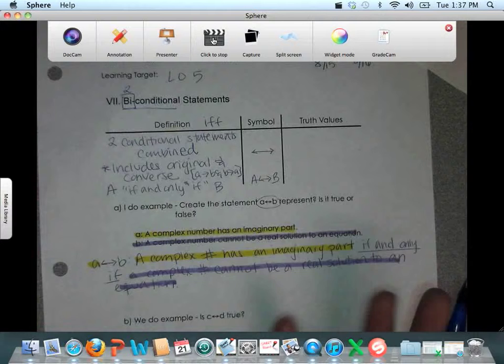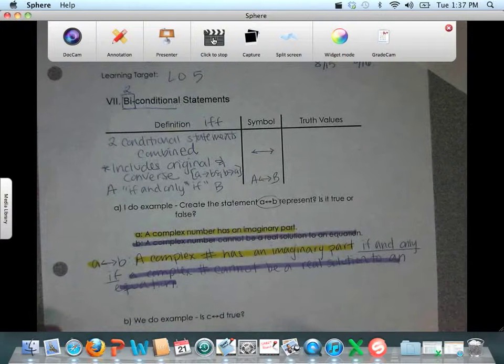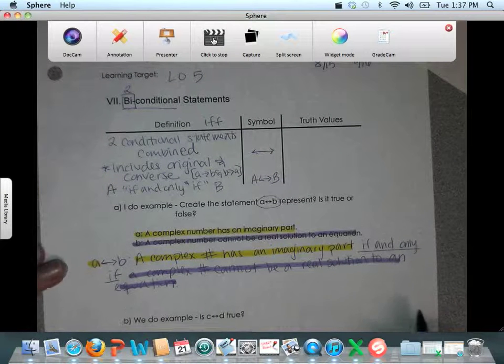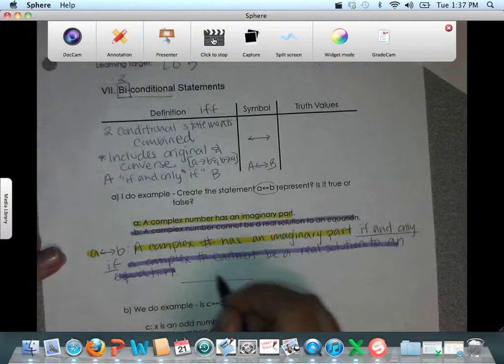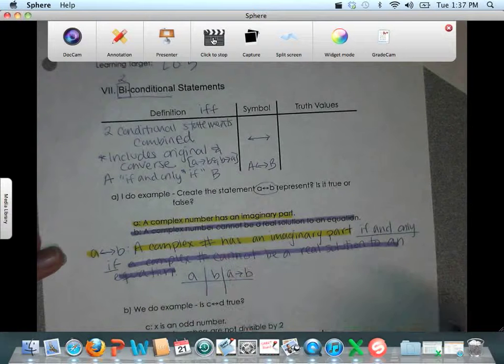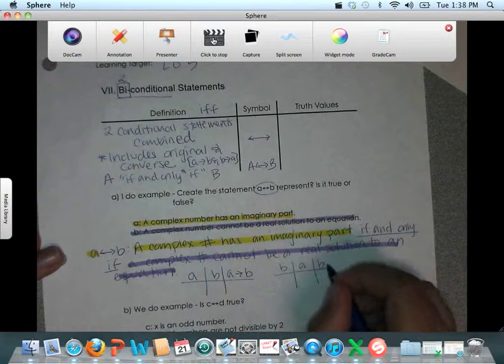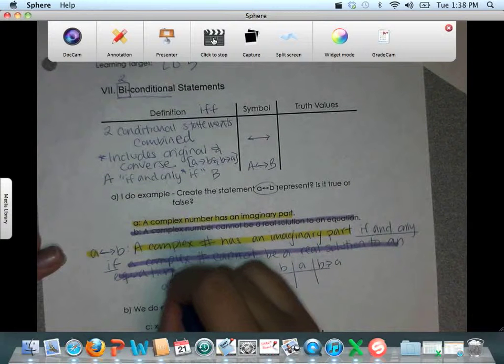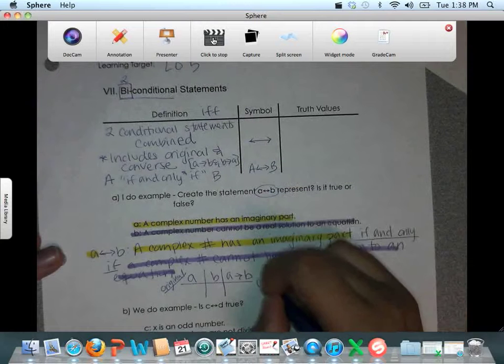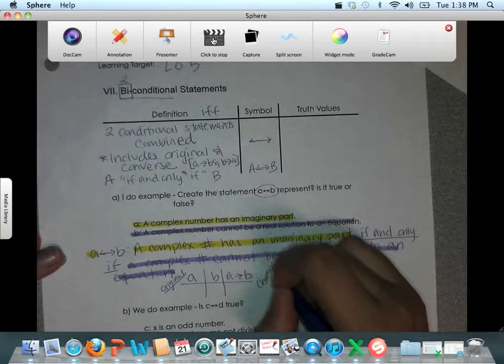Two F's essentially combined. Okay, so truth values are a little different than the other ones. You still use the same tables, but the difference is it's biconditional. So we use two tables. You're going to have a table for the original, and you're going to have a table for the converse. So you have the original here, and we have the converse.